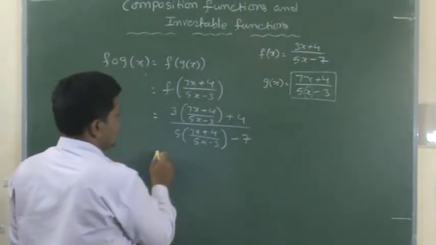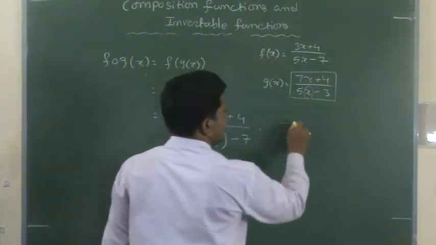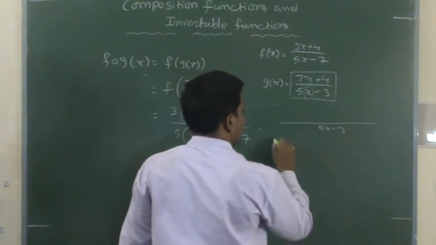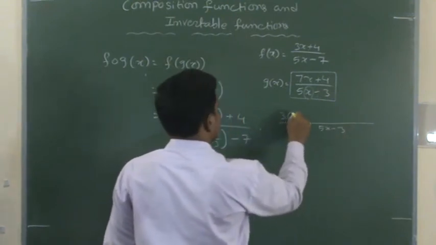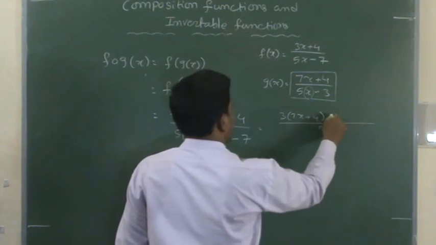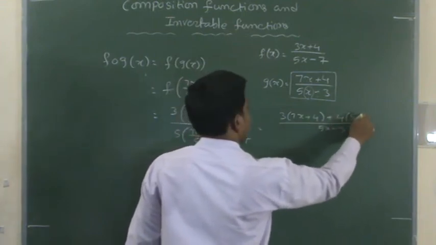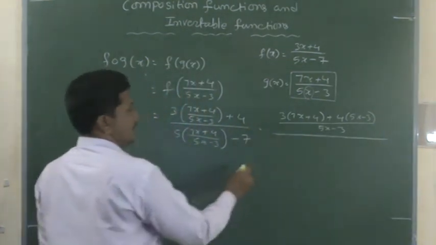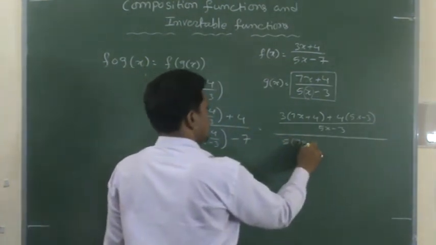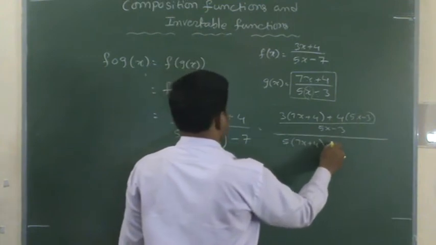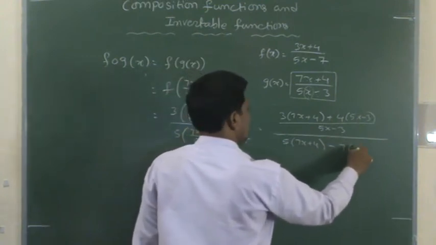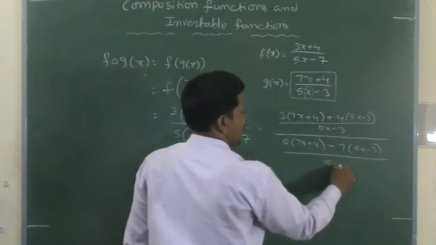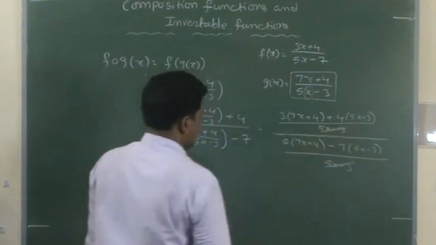Okay, right. Next, take the LCM. It is 5x minus 3, and the numerator is 3 into (7x plus 4) plus 4 into (5x minus 3). In the same manner here, 5 into (7x plus 4) minus 7 into (5x minus 3). The 5x minus 3 cancels.